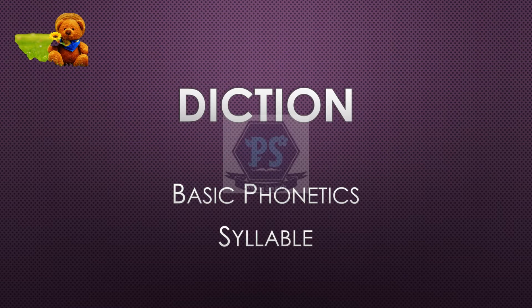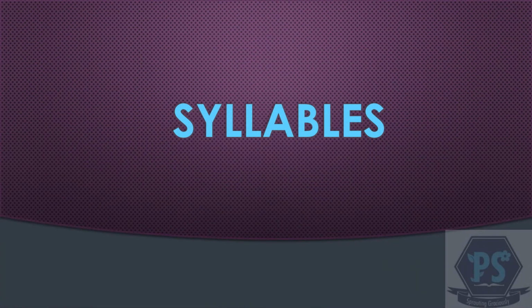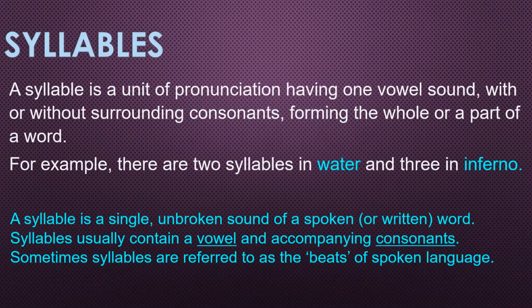Repeat after me. Syllable. What is a syllable? A syllable is a unit of pronunciation having one vowel sound, with or without surrounding consonants, forming the whole or a part of a word.